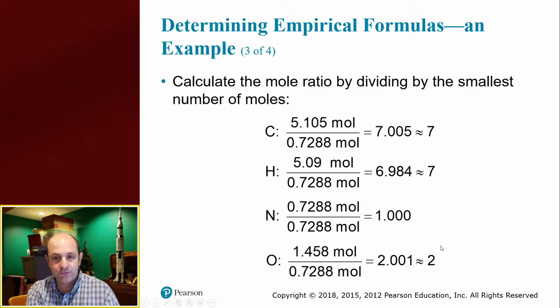If you get a 0.33 or a 0.66, that's where you say, well, 0.33 is 1/3, 0.66 is 2/3. If I multiply by 3, they'll become whole numbers. But again, multiply everything by that factor so that the ratio stays the same. Those are in your book. It's just they kind of left it out of this slideshow.